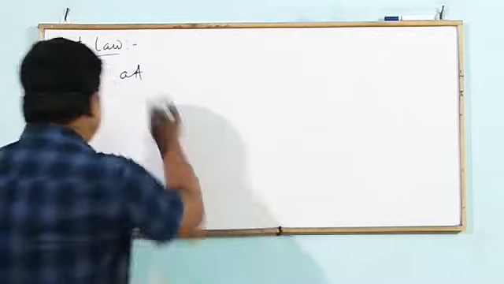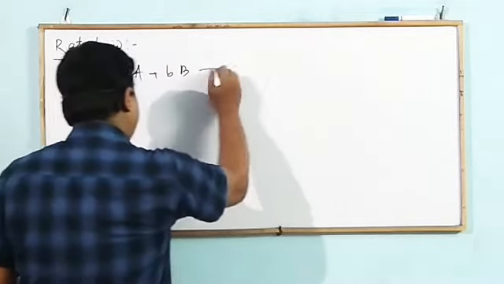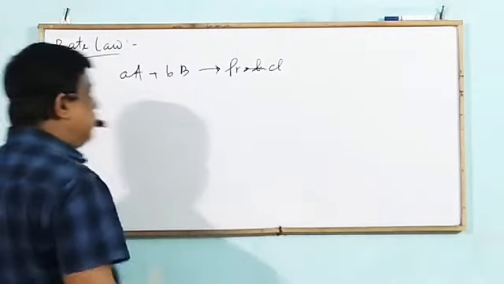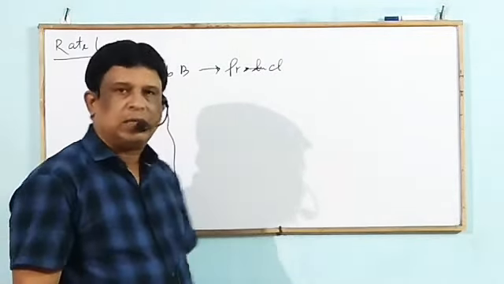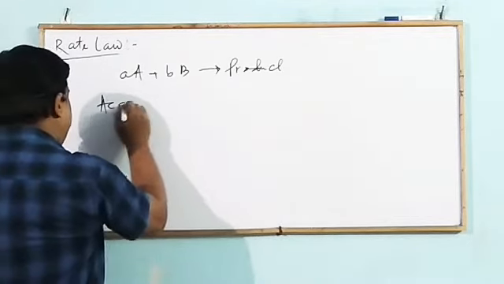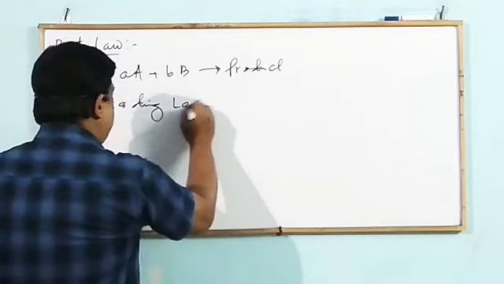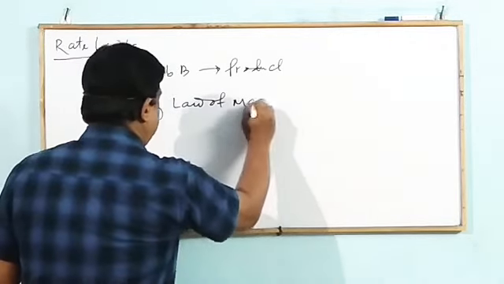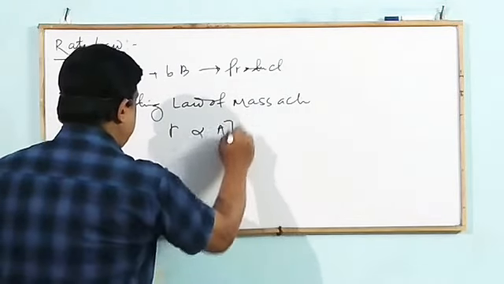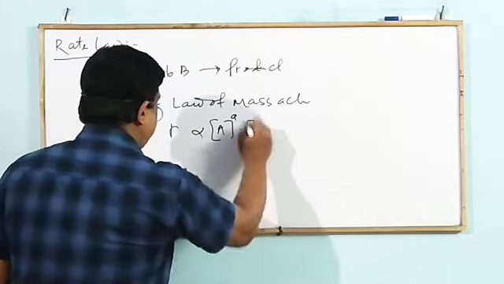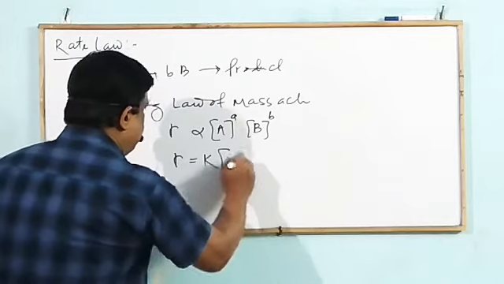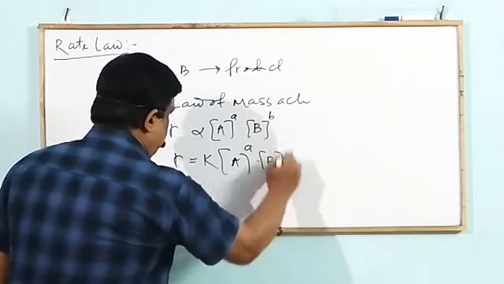For example, if it is an elementary reaction, a simple reaction which proceeds in a single step, aA + bB gives product, where small letters are the coefficients and capital letters are the reactants. Then, according to the law of mass action, the rate is proportional to the molar concentration of A to the power a, B to the power b, or R = k [A]^a [B]^b.